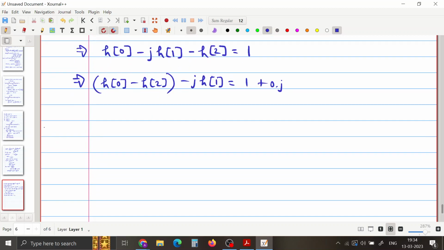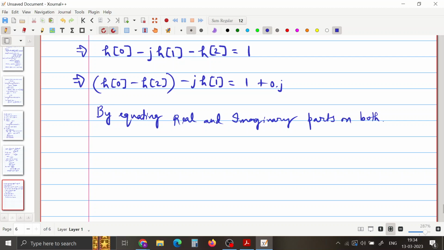Like you said correctly, by equating real and imaginary parts on both sides, from this we can say h of 1 is equal to 0.